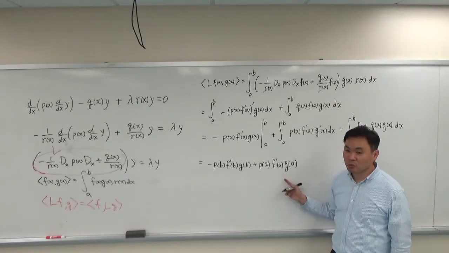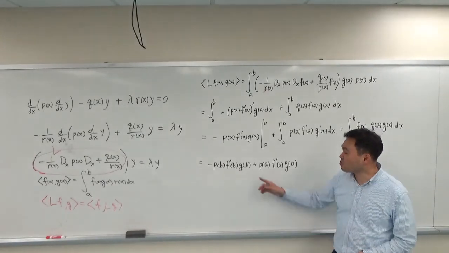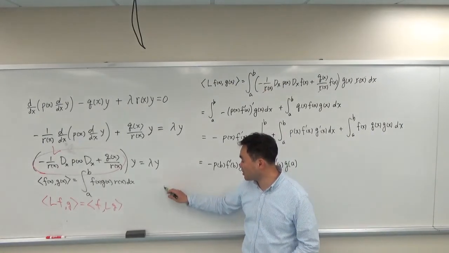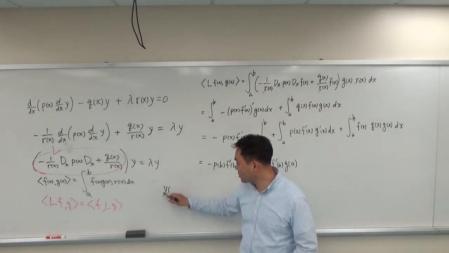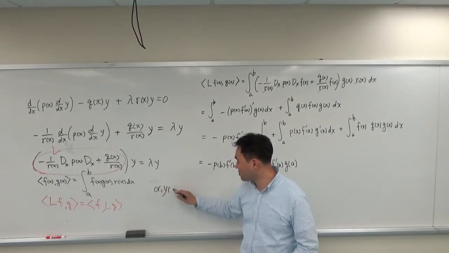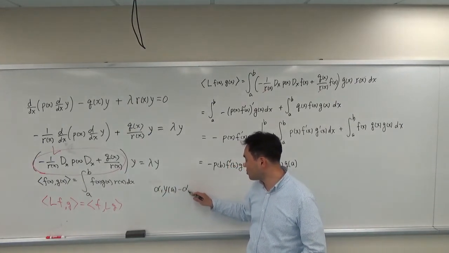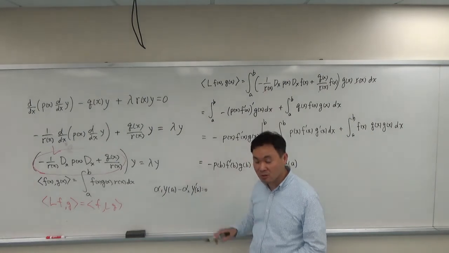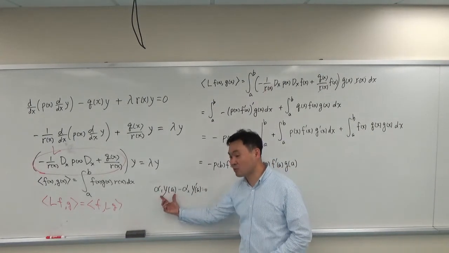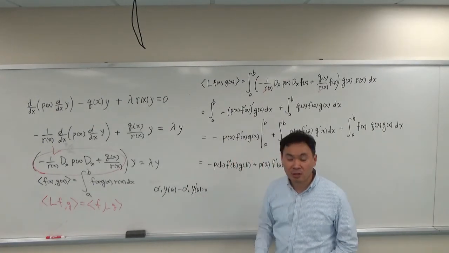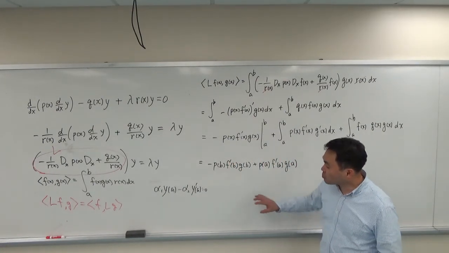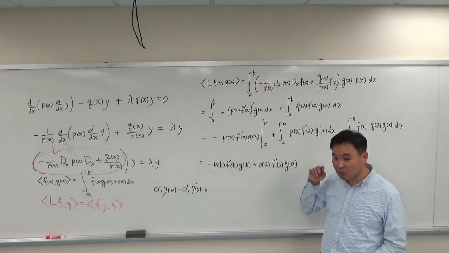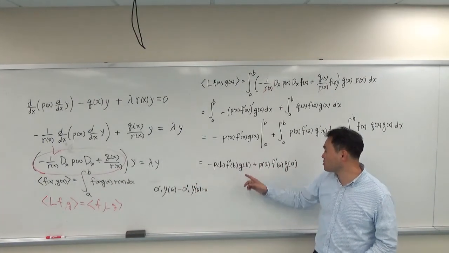Well, this one actually requires a little bit more thinking, because you remember the boundary conditions: alpha 1 y of a minus alpha 2 y prime of a should be 0. The special cases were when this is 0, this one is 0. With these general conditions, you can show that this is 0, but let's not go that far. Just look at this one.